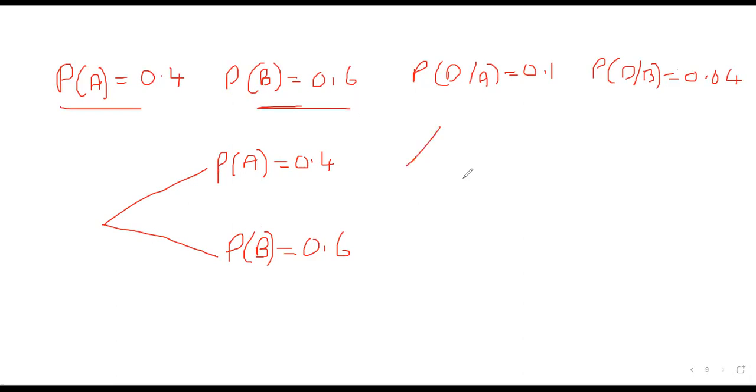Then the branch which is coming there, you read it as D coming from where? A. D is branching off from A. That is D given A. This is 0.1. Then D coming from B is 0.04. So notice that the conditional probabilities don't always add up to 1.